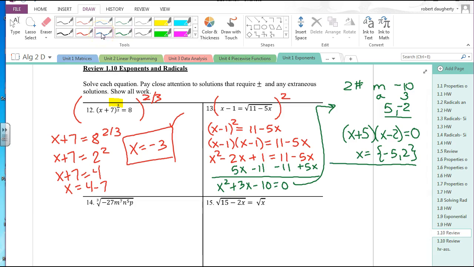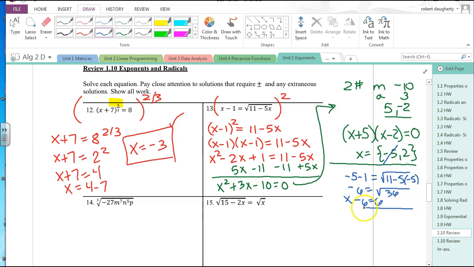So I'm going to go back to the original equation. -5 minus 1 equals square root of 11 minus 5 times -5. So -6 equals the square root of, this is 11 plus 25, that's 36. Negative 6 equals 6. That is not true. So that solution does not work.